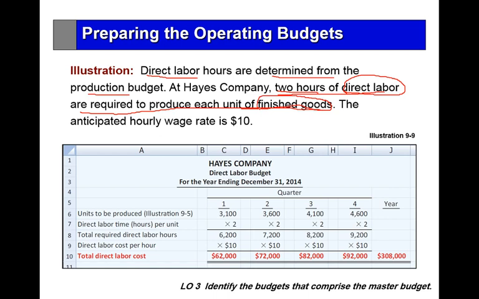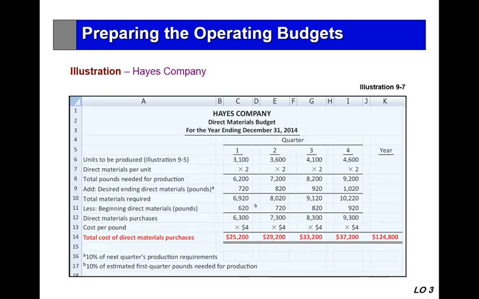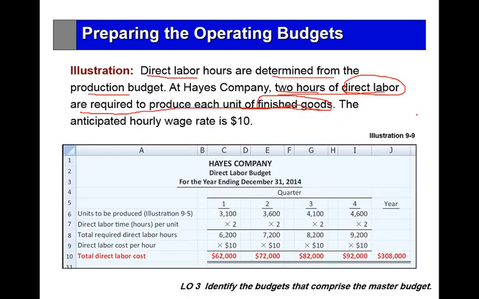Direct labor is one element of the manufacturing costs. Remember that we have direct materials, which we finished in the previous video, direct labor, the second component, and manufacturing overhead, the third component.